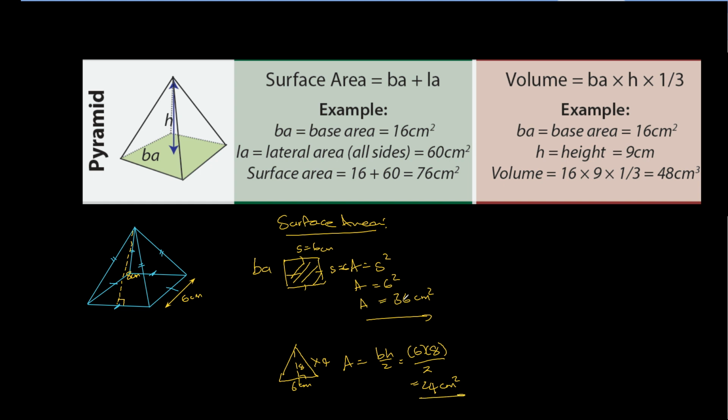The base is 36, because 6 times 6 is 36. But we have 4 of these triangles, so we have to multiply by 4. Therefore, the surface area is equal to 24 times 4 plus 36. That becomes 96 plus 36, which is 132. That takes us to the volume question now, which is the next one.